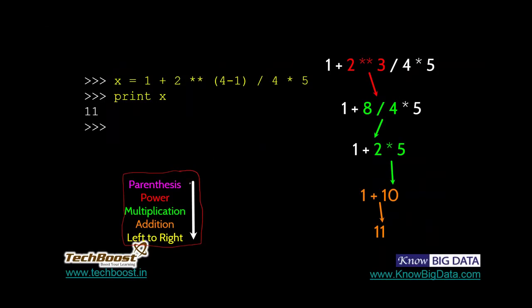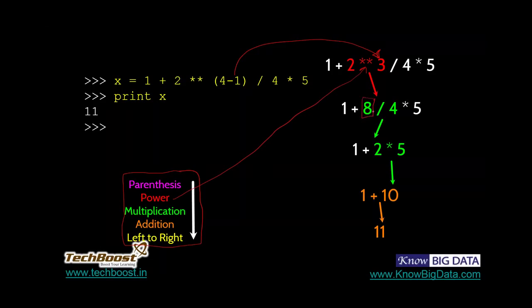Here we have parentheses, so 4 minus 1 is 3. This is evaluated first. Next will be power. We have power here. 2 to the power 3 is 2 into 2 into 2, which is 8.